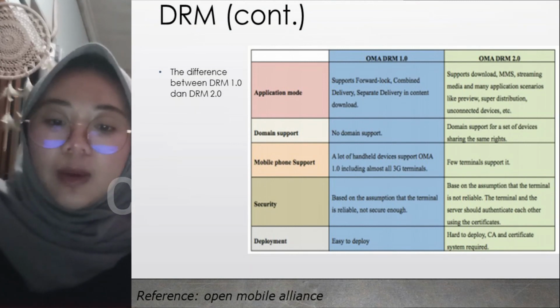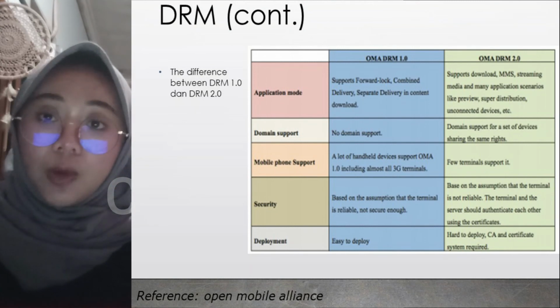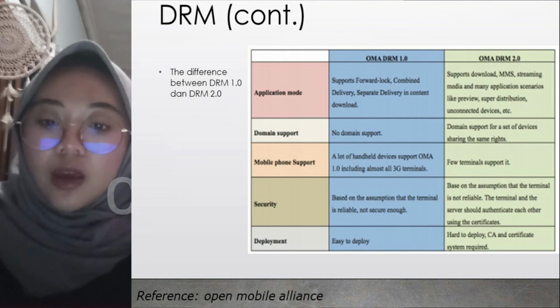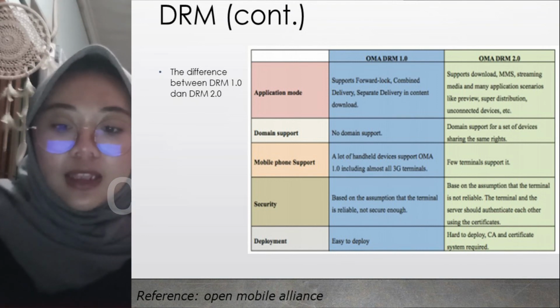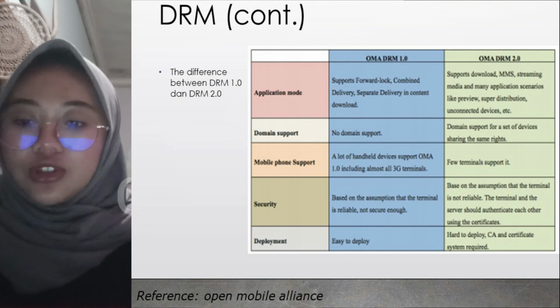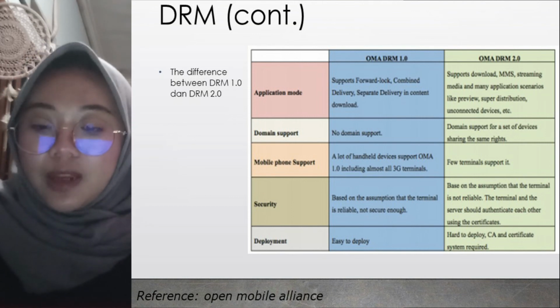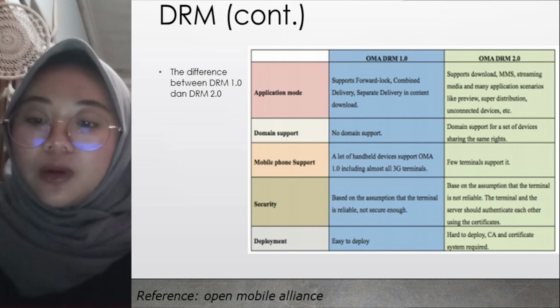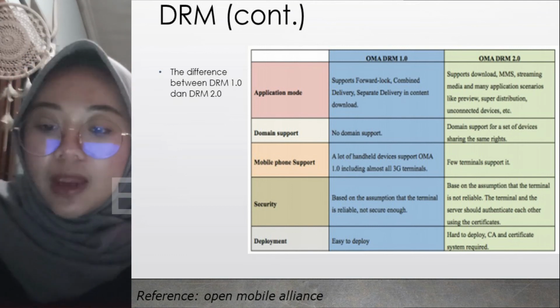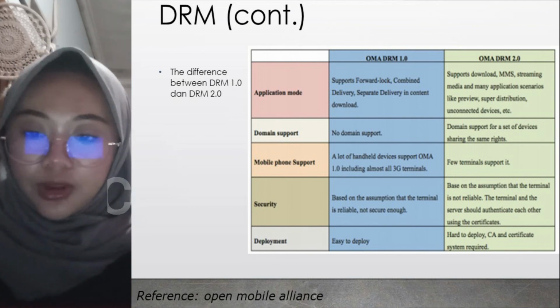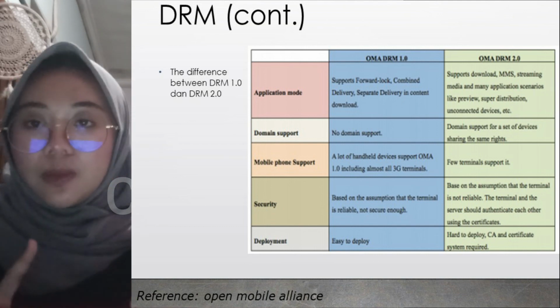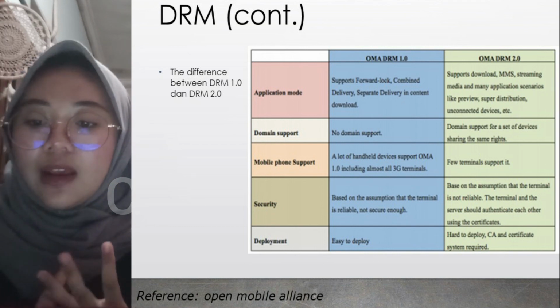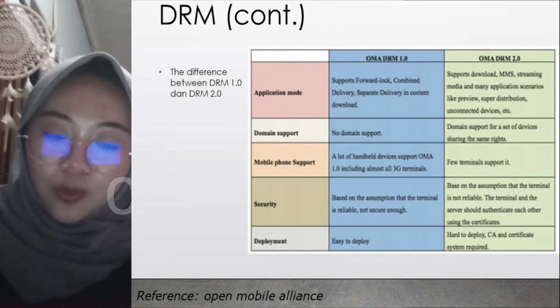So in terms of application mode, the DRM 1.0 supports forward lock, combined delivery, separate delivery, and content download, which is what I have explained before, while the 2.0 supports download as MMS, streaming media, and many application scenarios like preview, super distribution, and unconnected device, and also many more.